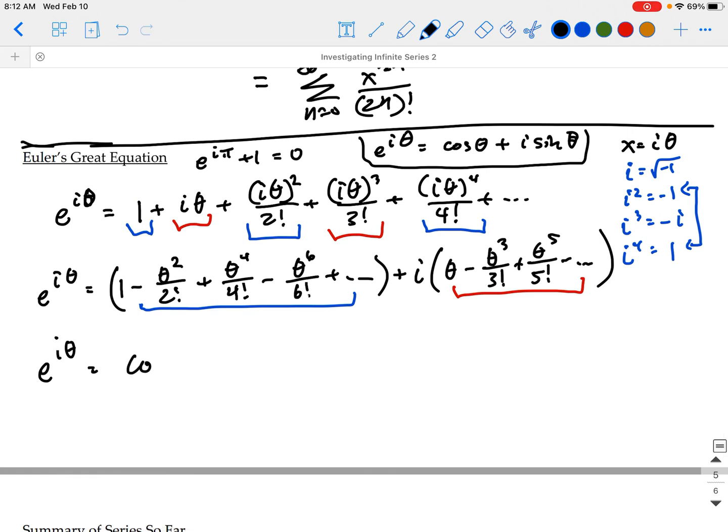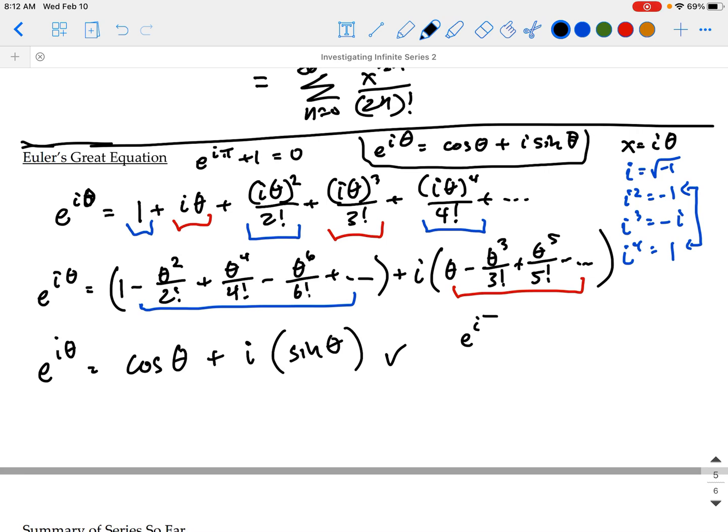And so this first part is just cosine of theta. And then the second part is I times sine of theta, using its power series representation. And so this is one proof by power series that e to the I theta equals cosine theta plus I sine theta.